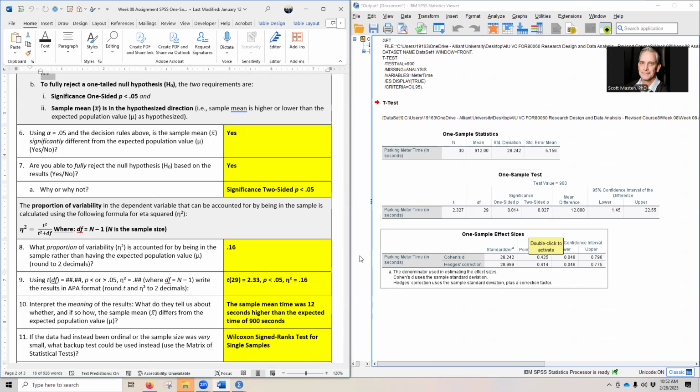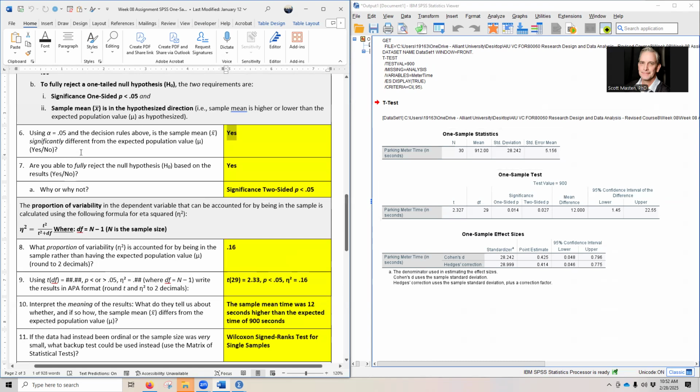Because this sig is less than 0.05, we say yes, there is a significant difference between the sample mean and the expected population value. What is that difference? The sample is 12 seconds higher on average: their mean was 912 seconds, the expected value was 900. That's a real difference, not just chance.